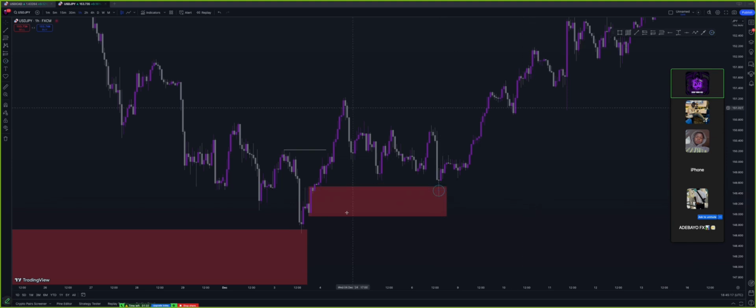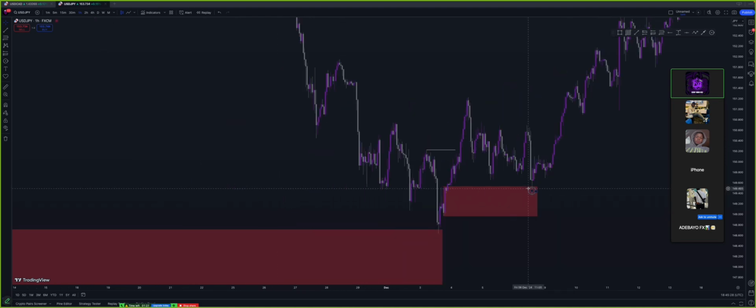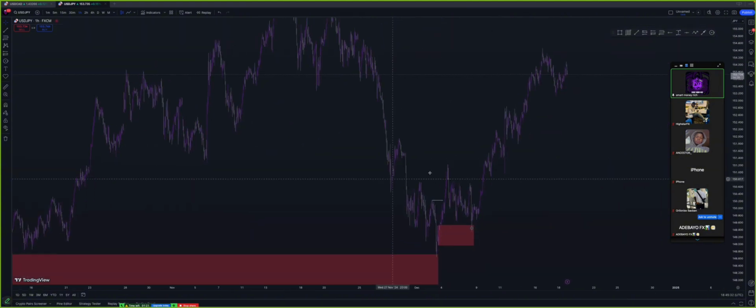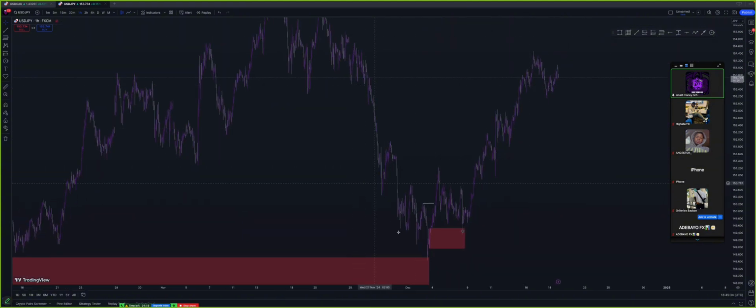This very point, because this is the other block that led to the change of character, and this is the only other block that has an open imbalance, right? We are going to talk about that. Now you can see how a change of character switches the market from a downtrend to an uptrend. Are you guys with me?